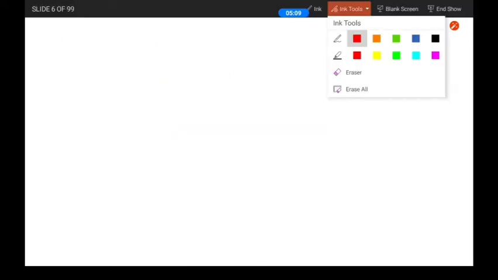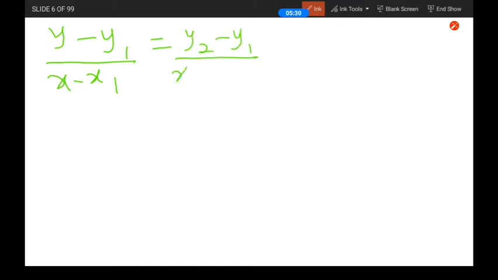Question 2. Now the question says, find the equation that is passing through two points. Anytime it's passing through 2 points without a gradient given, we are going to use this formula: y minus y1 over x minus x1 equals y2 minus y1 over x2 minus x1. And that is the formula we are going to use. And what are we given there?